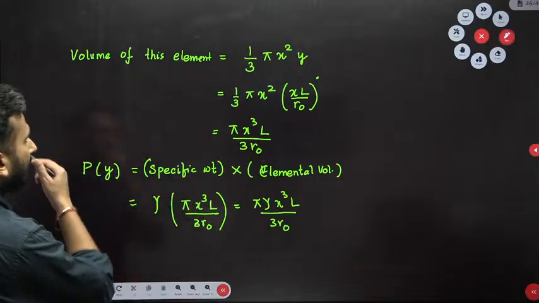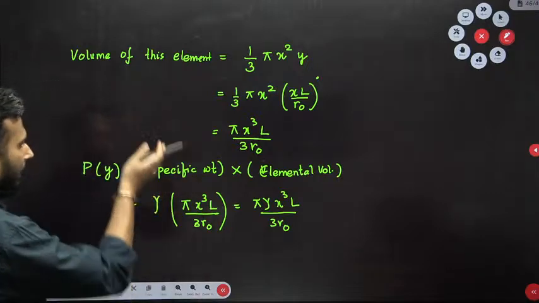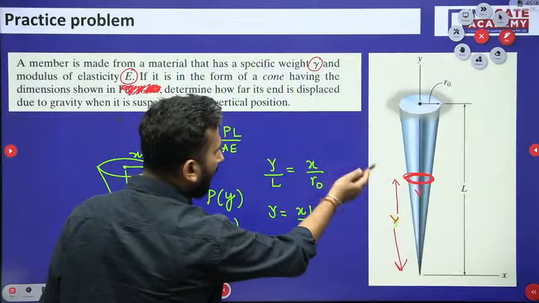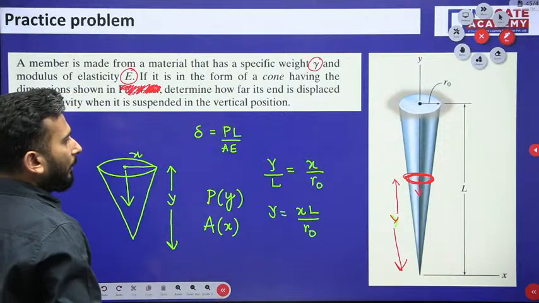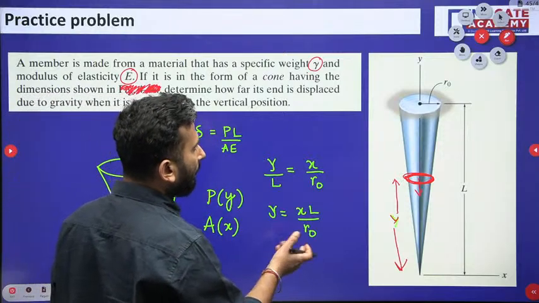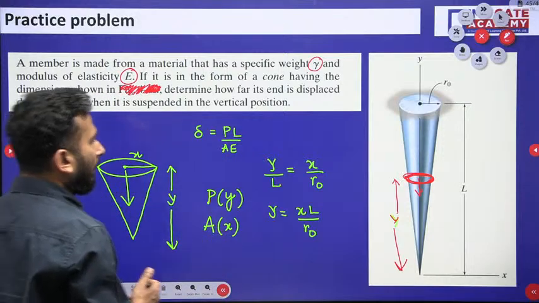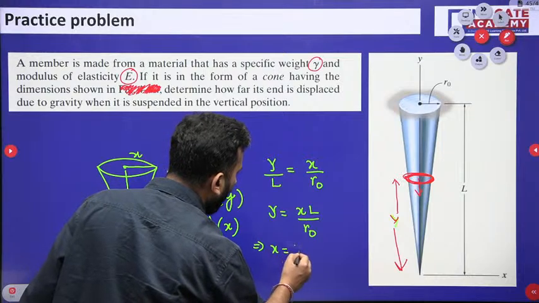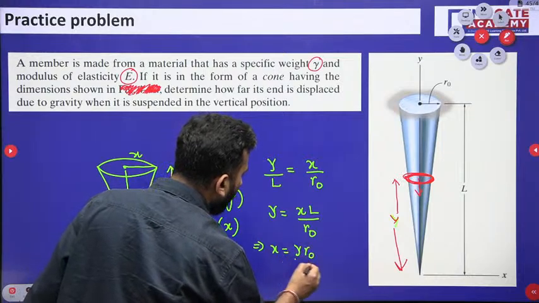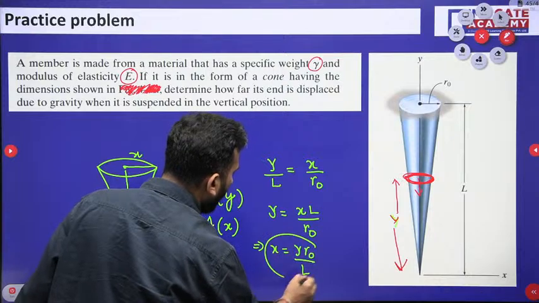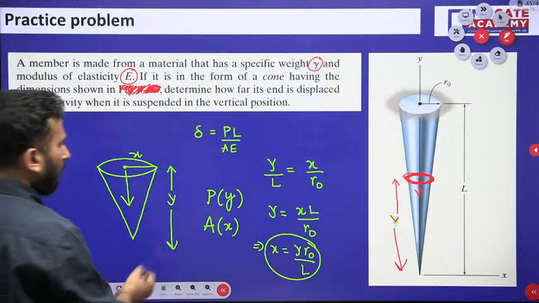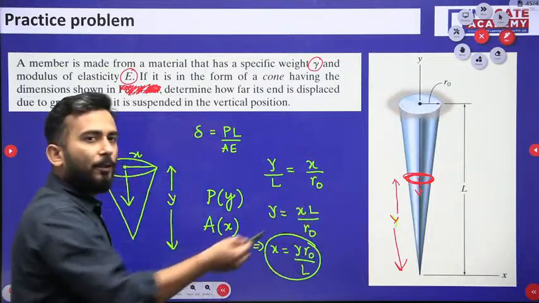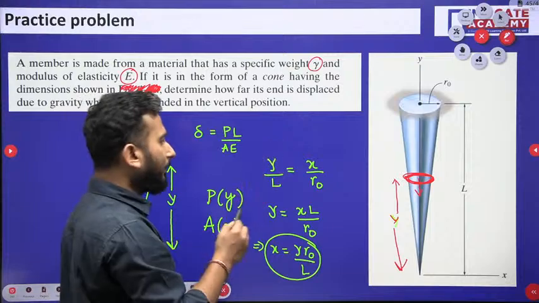One thing is there, I have taken the distance from the base as y. So finally I have to integrate from 0 to L. I think it's better if we write x in terms of y. It will be better because I have taken the distance y, and finally I need to integrate from 0 to L only, right?